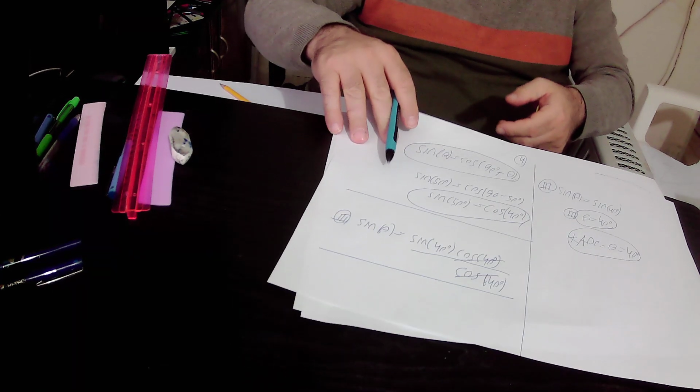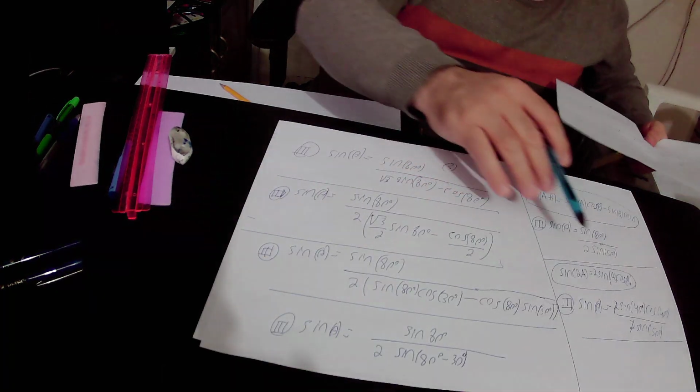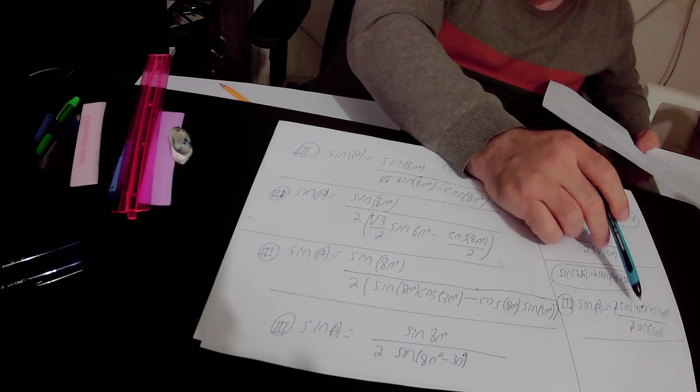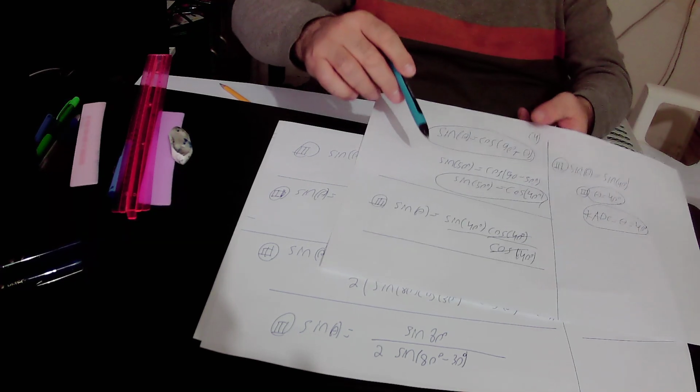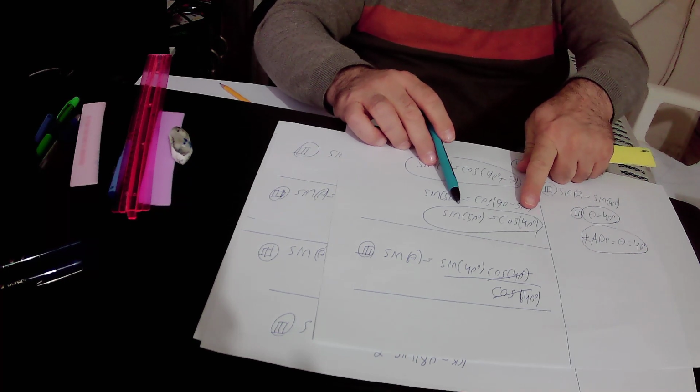So we can substitute here sine 50 degrees in this equation number 3 by cosine 40 degrees because of the fact that sine 50 degrees equals cosine 40 degrees.